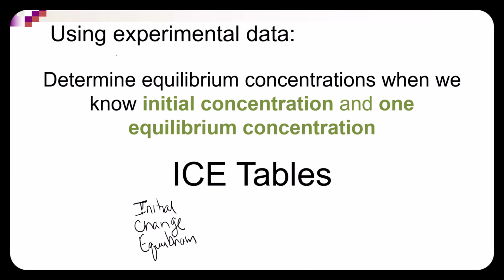So I for initial, C for change, E for equilibrium. So what we're going to do is use this acronym to help us track what was the initial concentration, how did that concentration change during magical chemistry, and then what was that concentration at the end. The best way to get to know ICE tables is to dive in.